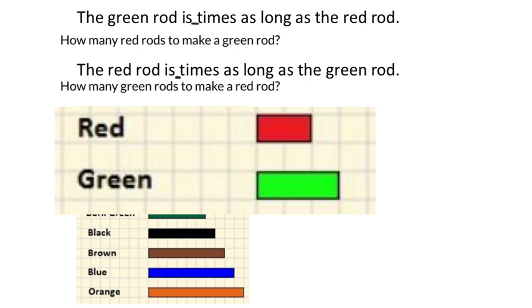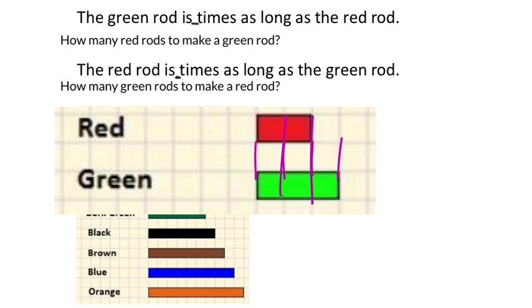So we look at this and we need to acknowledge that they've given us some lines to work with here, okay? So if we look at this as parts, we could actually break up the red and green this way, and then this way, like this. And yes, I apologize, my lines are not perfect. But the first question, how many red rods to make a green rod?